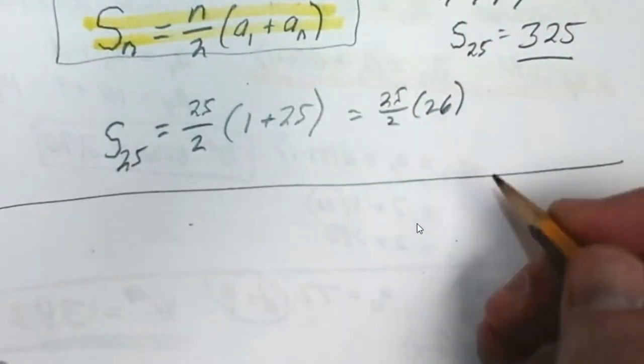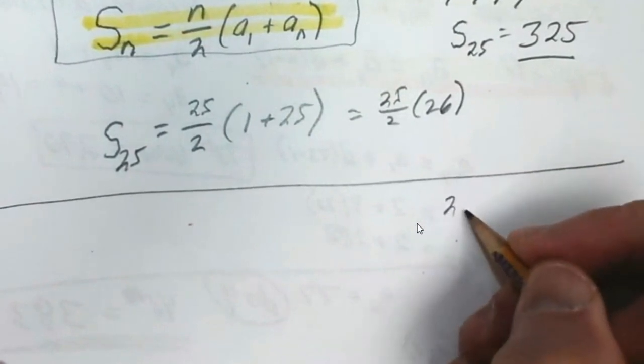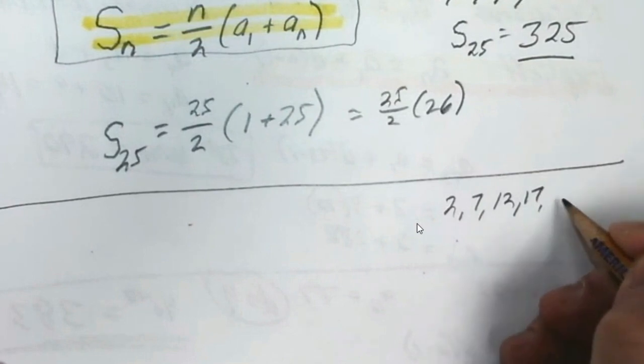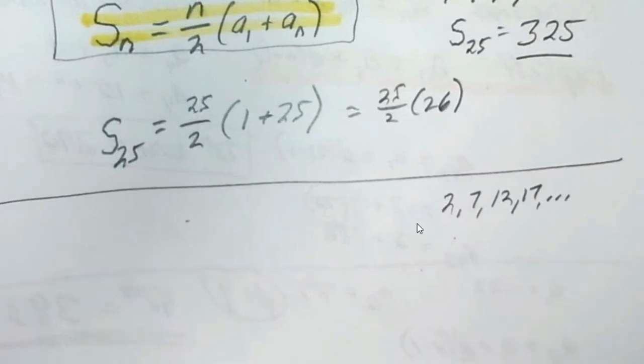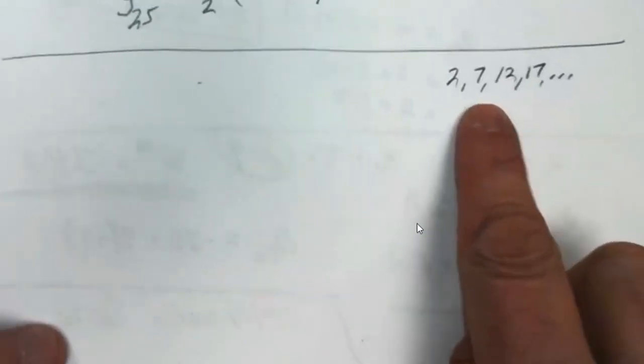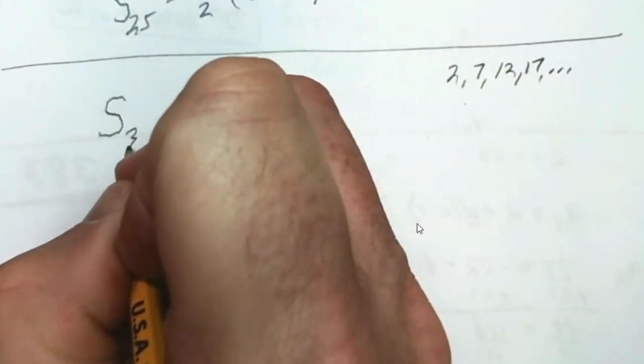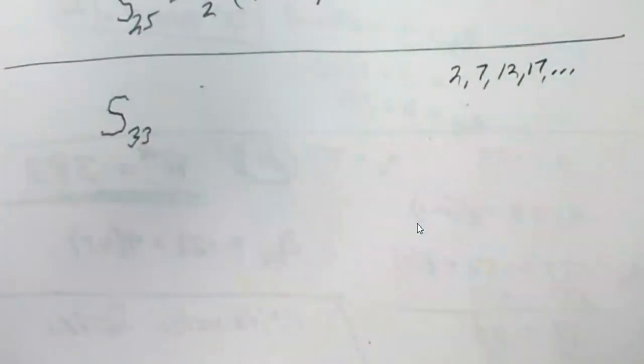Let's say we've got the sequence 2, 7, 12, 17, et cetera. So we know it goes up 5 every time, but we want to find S sub 33. I want to add the first 33 numbers together in that sequence.